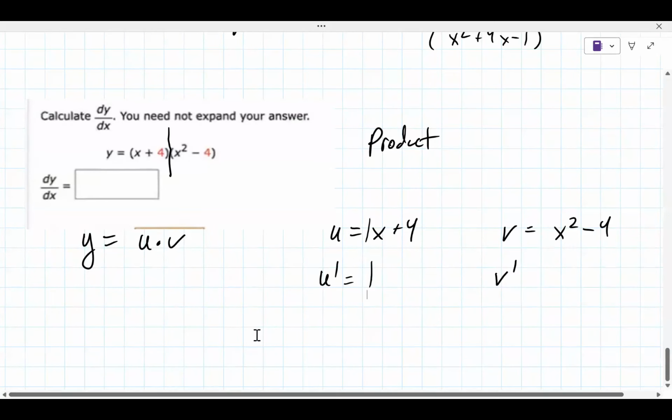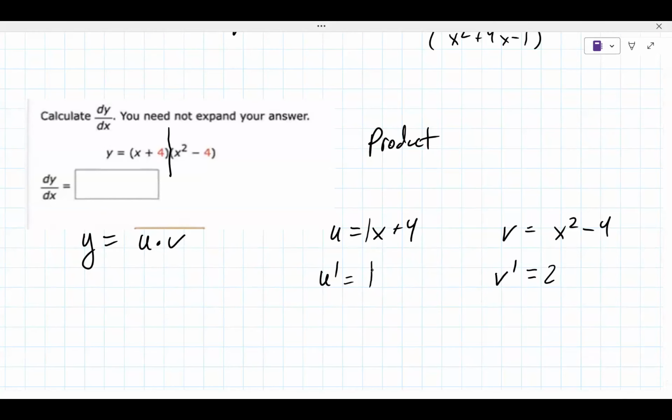Derivative of a constant is 0. So the answer is just 1. And then v prime is gonna be 2x. And then the constant is 0, so it's just 2x.